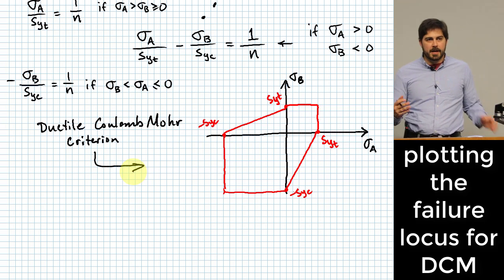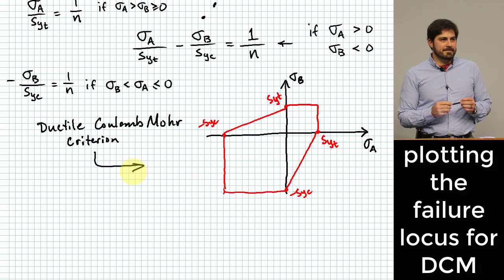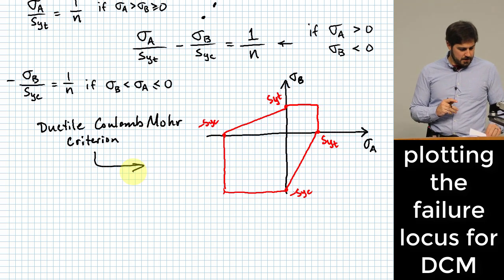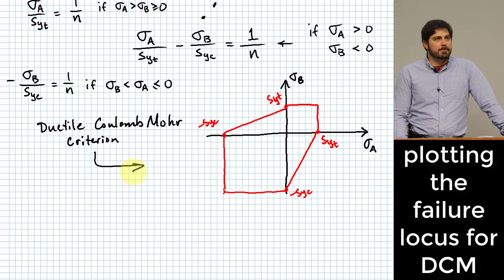And keep in mind, sigma A and sigma B, these are in-plane principal stresses. All right? Should we work a problem?